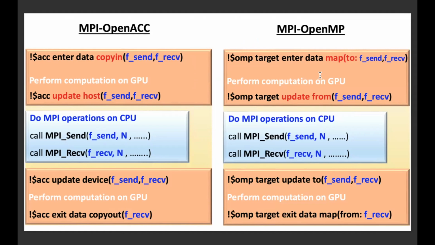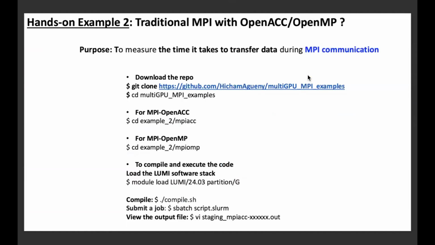The syntax is slightly different, meaning that if you have an OpenACC code, you can port it in a straightforward way from OpenACC to OpenMP. So these slides illustrate the concept of traditional MPI when it's combined with either OpenACC or OpenMP.